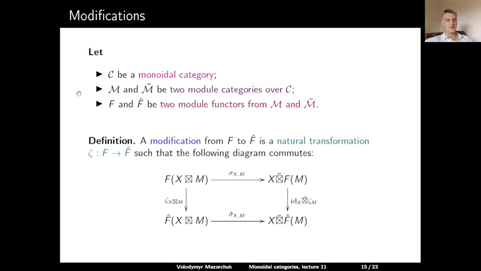Definition: a modification from F to F hat is a natural transformation zeta from F to F hat, such that the following diagram commutes.